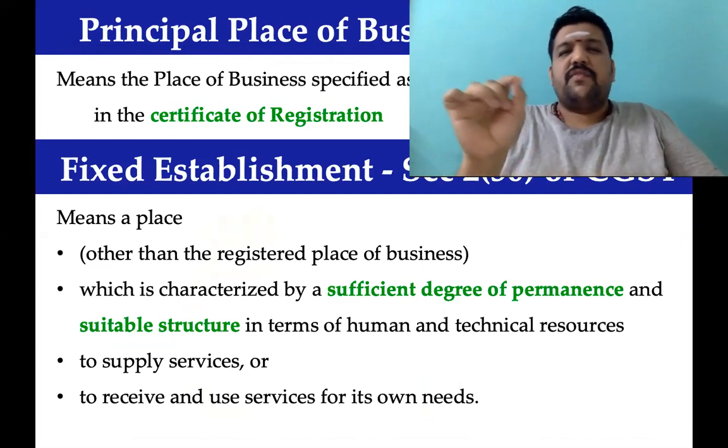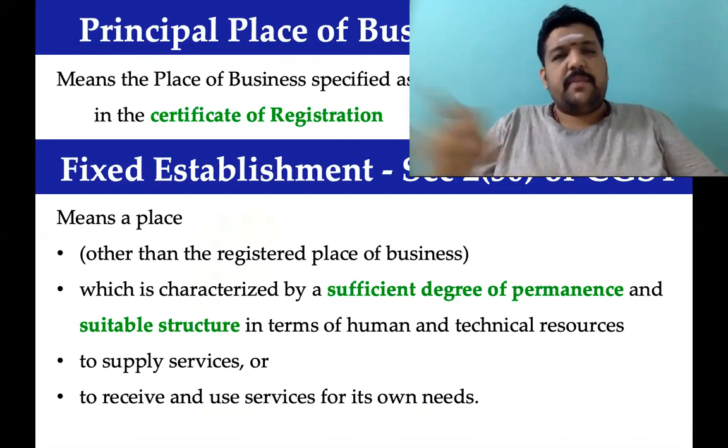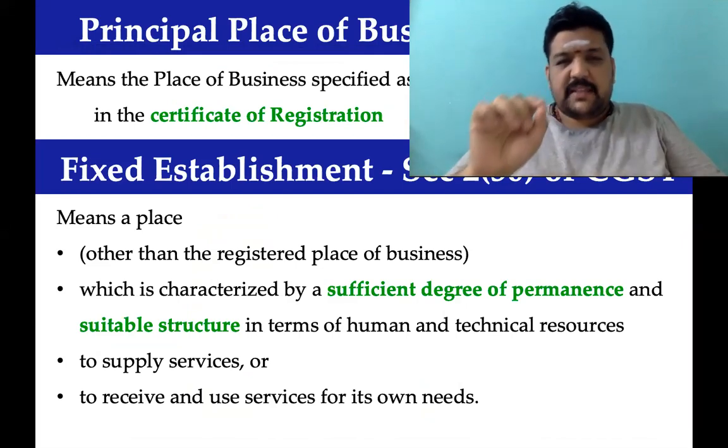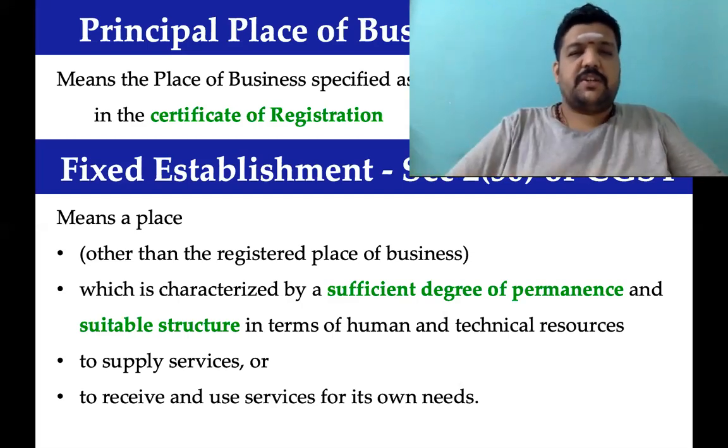Principal place of business, in short called PPOB. It is the place of business which is mentioned in the certificate of GST registration.